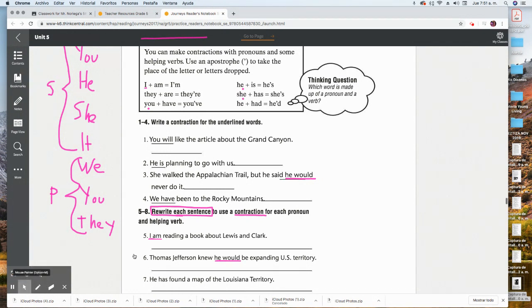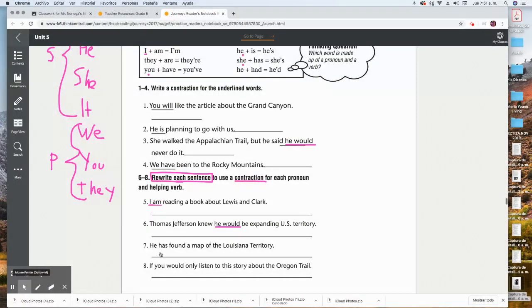For number 7, he has found a map of the Louisiana Territory. What is the pronoun? He. What's the helping verb? Has. So we need to make a contraction with those two words and then rewrite the whole sentence. For number 8, if you would only listen to this story about the Oregon Trail, can you find the pronoun?